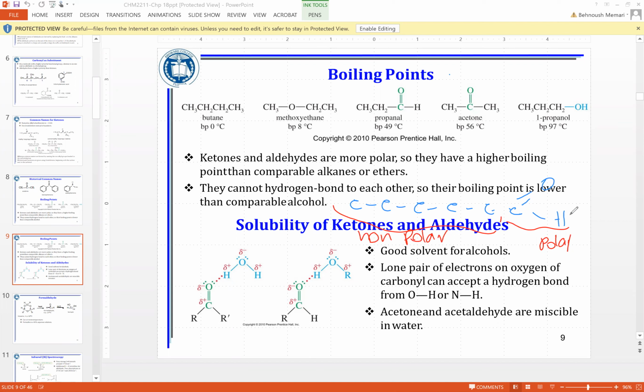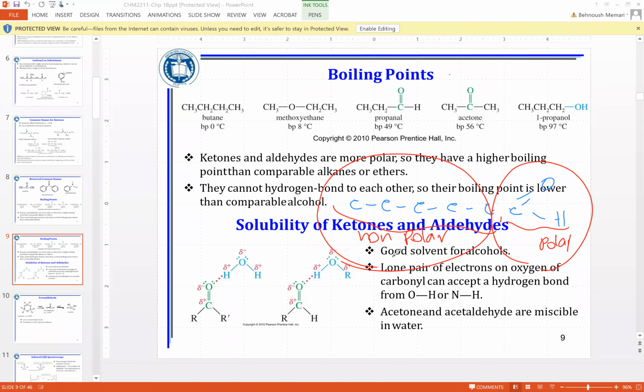If you have less than 5 carbons, the polar head is going to take the priority. But if it's more than 4 carbons, starting with 5 carbons, the solubility drops significantly. And 6 carbons definitely doesn't dissolve. So the non-polar chain takes the priority.